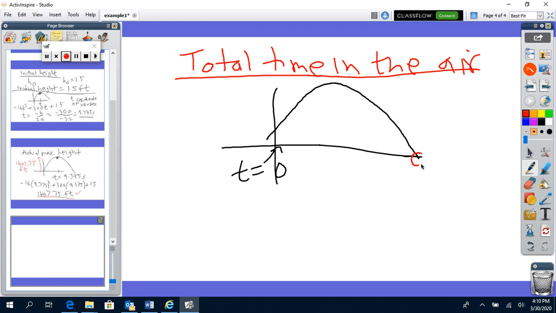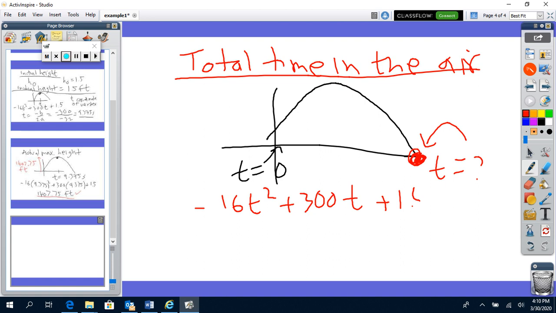So in other words, we want to find the t coordinate here. So what is t here? That is basically what the question asks. So let's go back to our equation. Minus 16t squared plus 300t plus 1.5 equals 0.